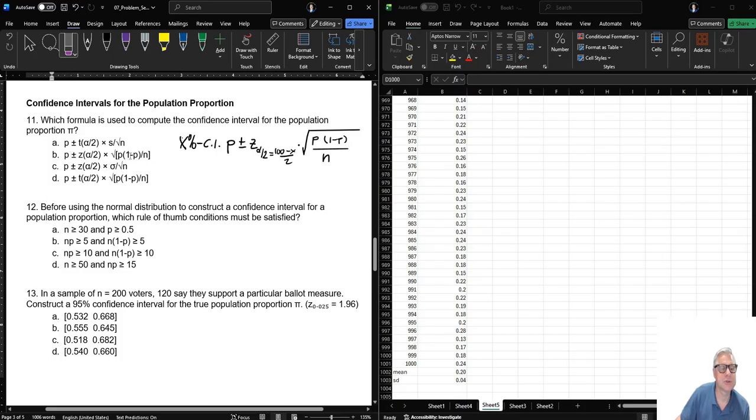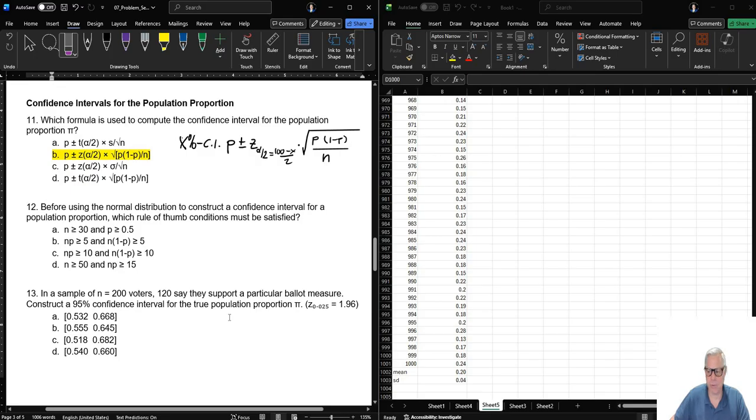So it is the estimated proportion p plus minus z alpha half times the square root of p times 1 minus p over n.